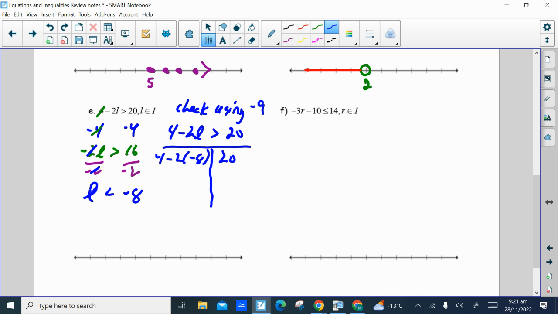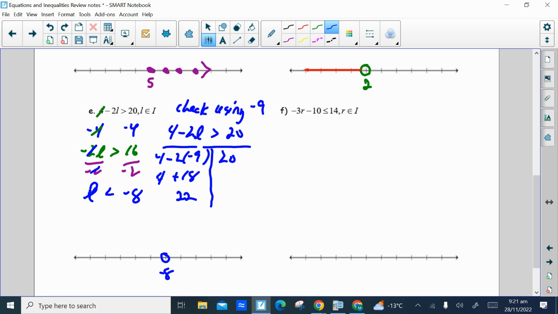I'm sorry, not negative 8, negative 9. We're using our first integer less than negative 8, which is negative 9. Now on that left side, negative 2 times negative 9 is positive 18. And 4 plus 18 is 22. 22 is greater than 20, so it works.